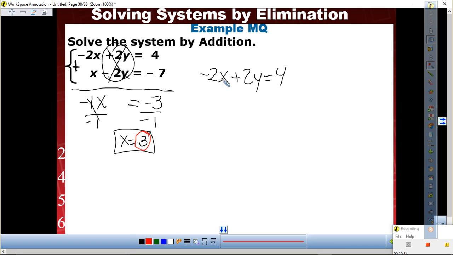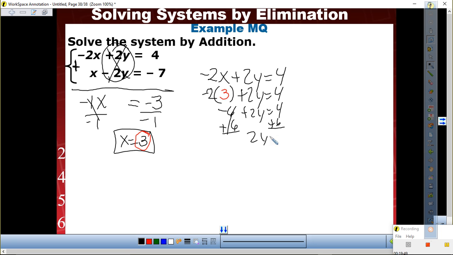I'm going to write it right underneath. Negative 2 times 3 plus 2y equals 4. Negative 6 plus 2y equals 4. Plus 6, plus 6. 2y equals 10, divided by 2, y equals 5. Solution 3, 5. Hands if you got that. Good.